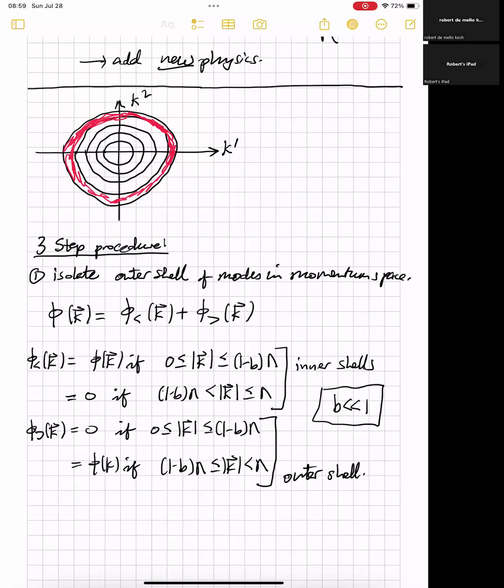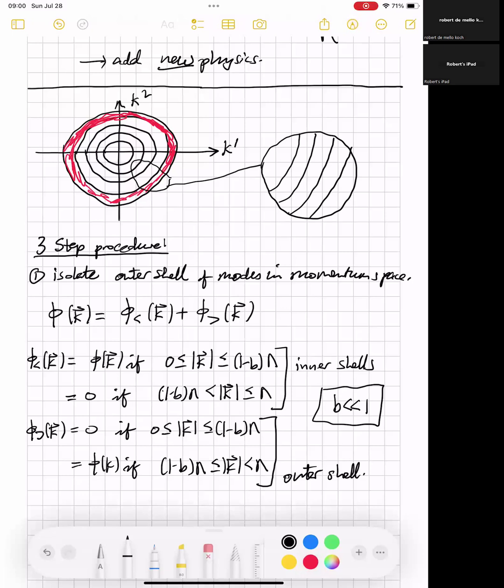Now, you might wonder exactly what b is, so let me tell you. Let's take a magnification of a piece of this picture. I've magnified it here, and here is the red shell. What b is, is the size of this shell.